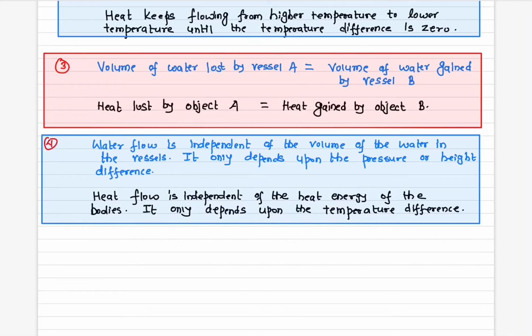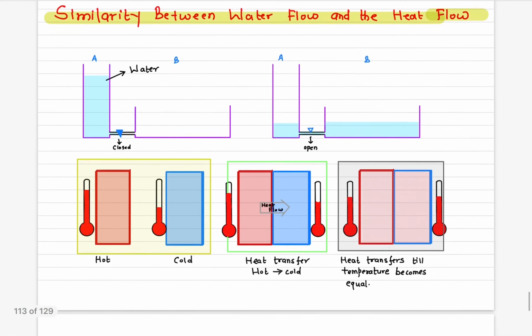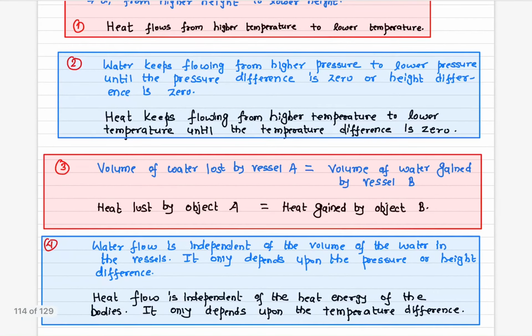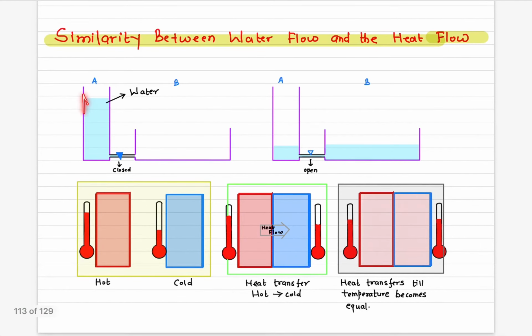And there is another important point here. Water flow is independent of the volume of the water in the vessel. It only depends upon the pressure or height difference. So what does this mean? The water flow is independent of the volume. In this case, you have a certain volume.